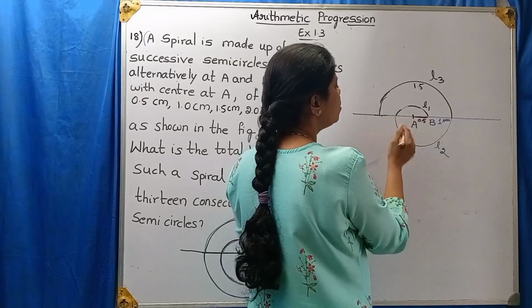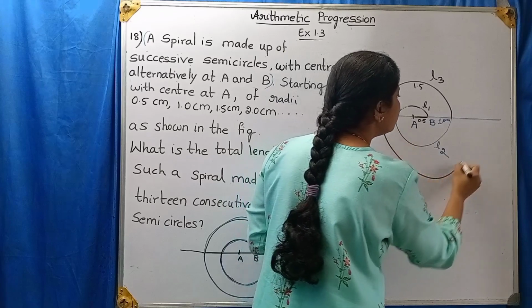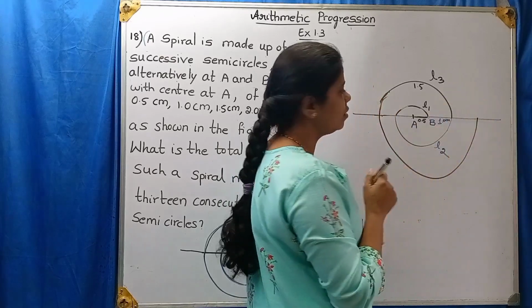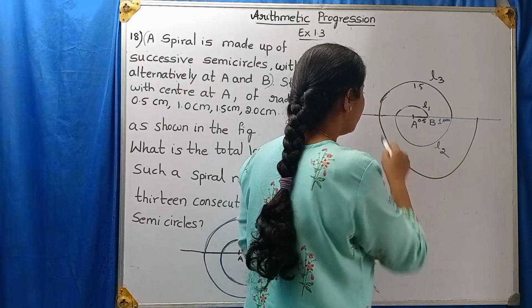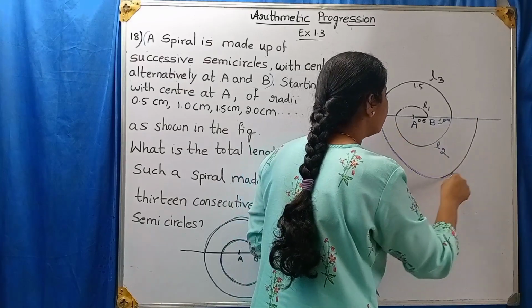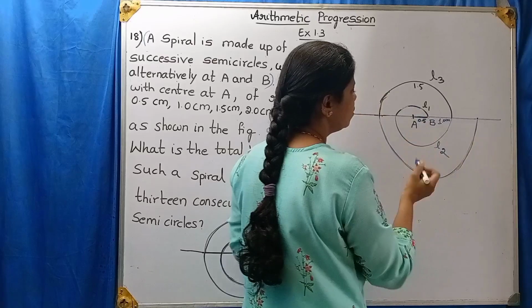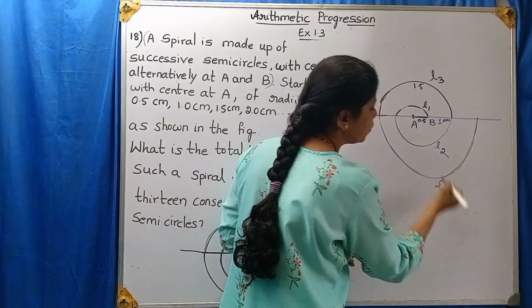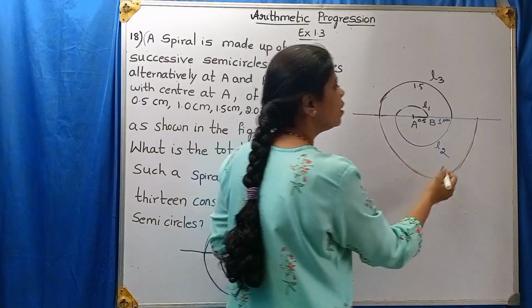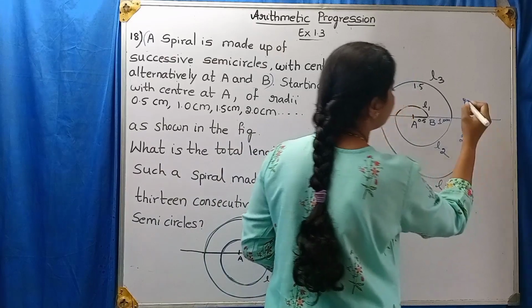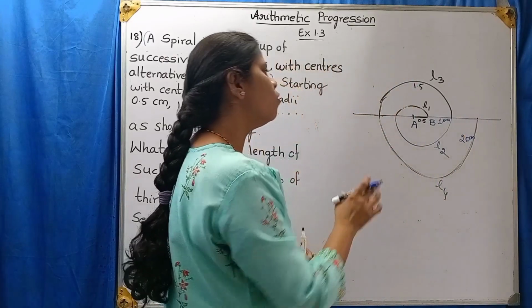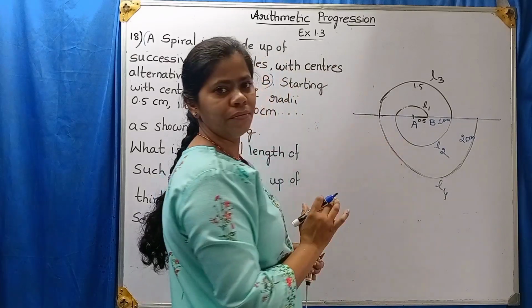How much does it measure? It measures 2 centimeter, right? Then this one, the down one, let me show it by the blue one. Say it is L4, of radius 2.0 centimeter. Hope you have understood the diagram now.